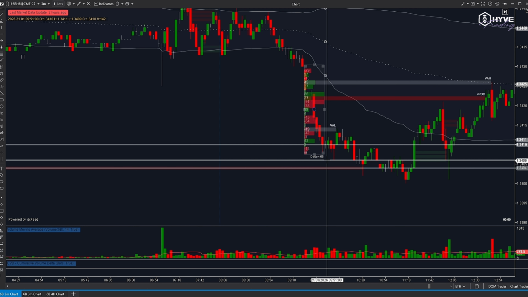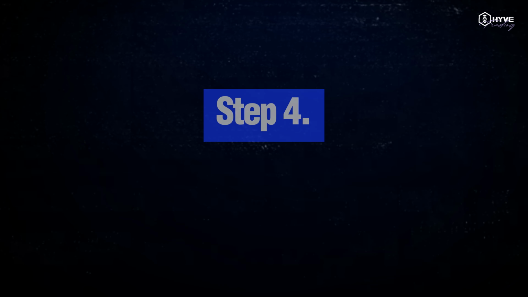So when buyers stepped in here, they got rejected by these aggressive sellers and price continued to trade down, even though there were still buyers stepping in and accumulating this market. But there's one sign that's a clear giveaway that price is about to turn around. And this is where we look for trapped traders, which is the next step of this trade breakdown.